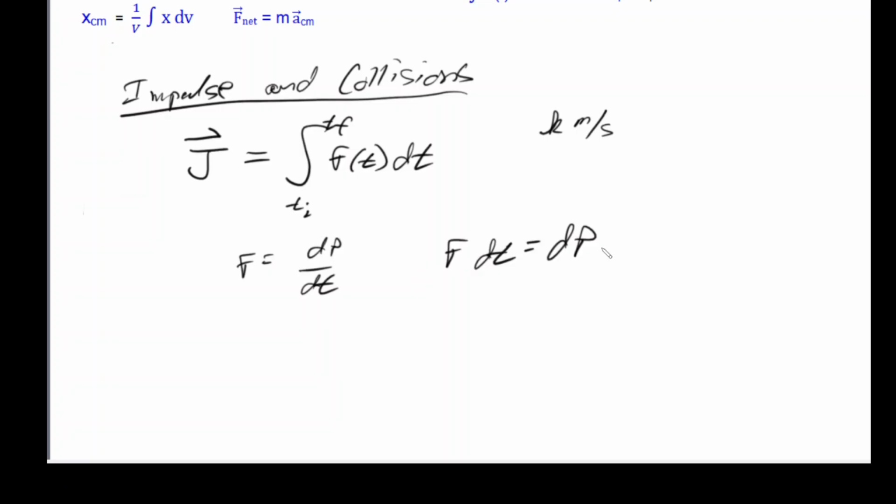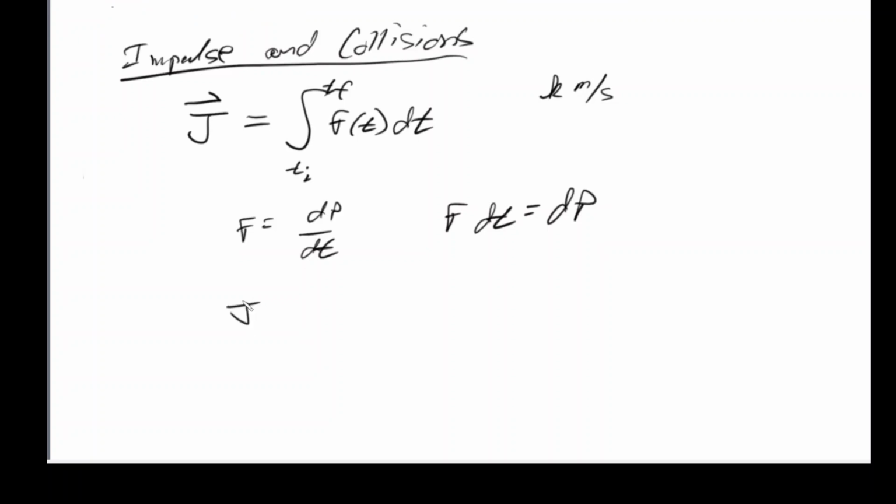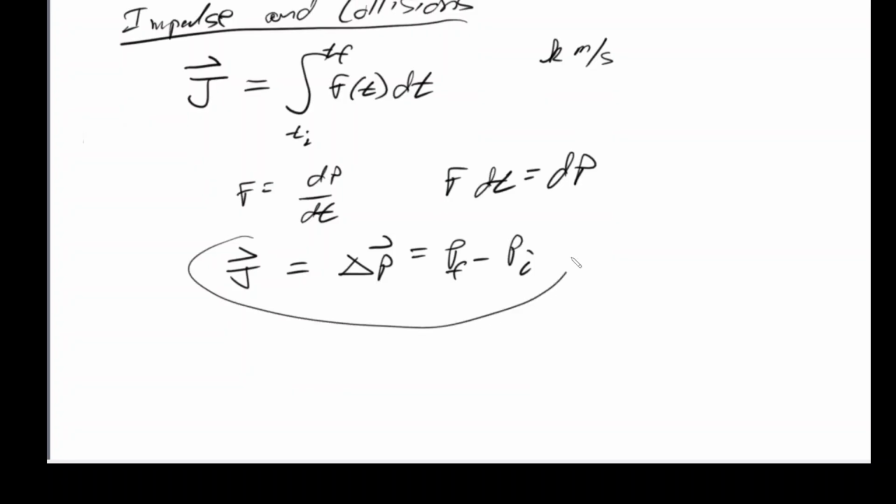So we get that impulse is equal to the change in momentum, which is equal to final momentum minus initial momentum. And this is the impulse-momentum theorem.